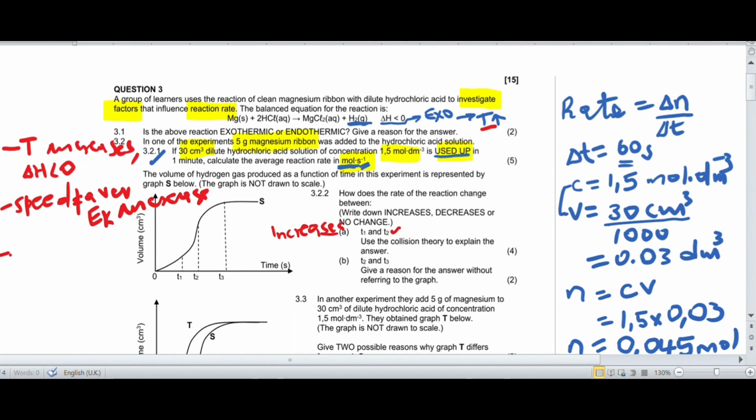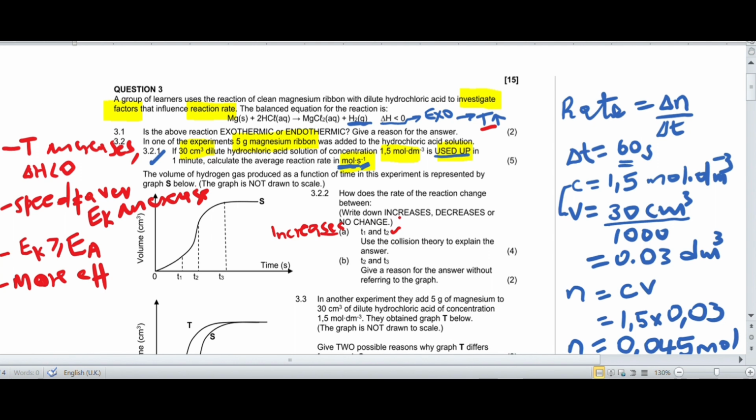So that will simply mean that there are more particles with EK greater or equal to activation energy. There are many particles that are able to react now. Which means more effective collisions will occur per unit time. Therefore, the rate of reaction increases. So this is how we answer this.